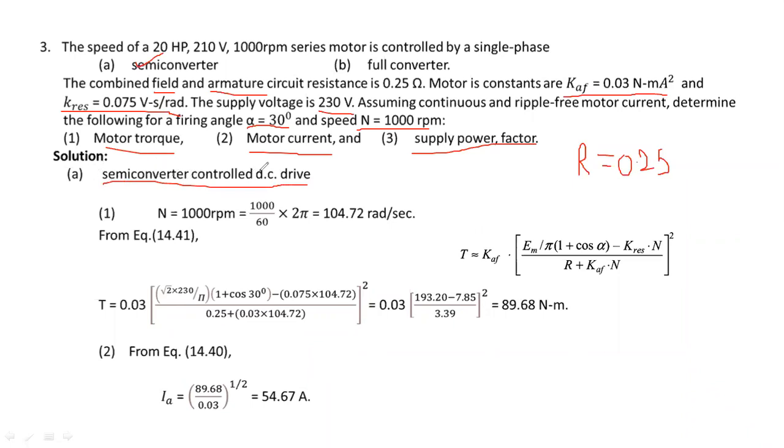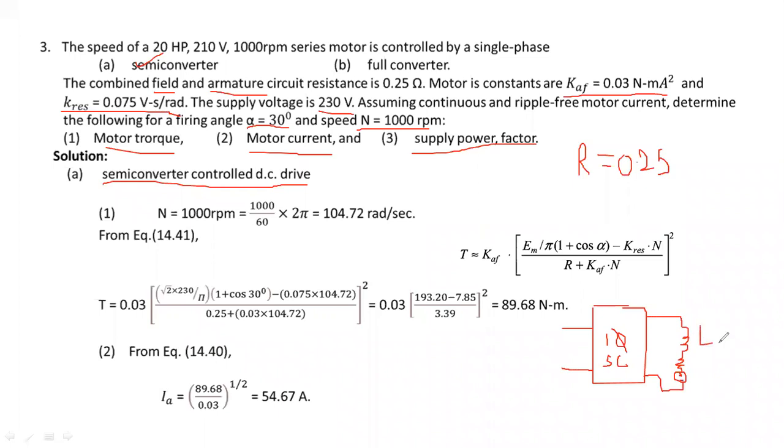Okay, so coming to the first case, semi converter fed DC drive. Here a semi converter is connected to the DC motor. So this is a single phase semi controlled converter, and this converter is feeding a motor having inductance L, resistance R, and the back EMF EB, with the help of single phase supply.